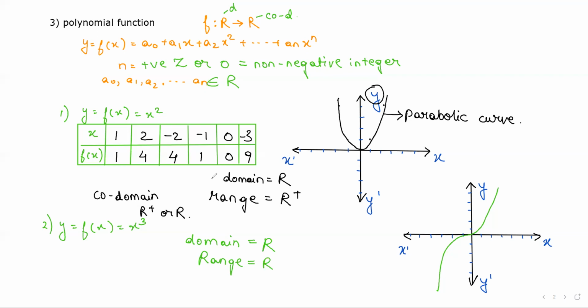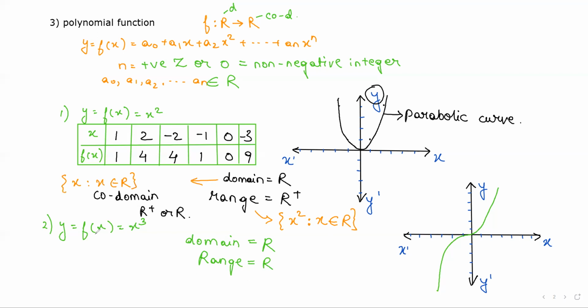For example, in the previous question, domain, you can write it as the set of all x such that x belongs to R. Range can be written as the set of all x square such that x belongs to R. You're not discussing x square because x square value will always be R positive. But for any value of x, whatever value of x square you get is your range. R plus is the generalized way to define it.